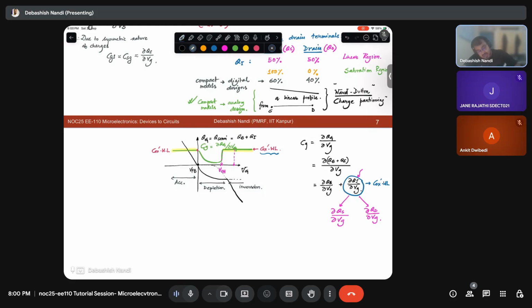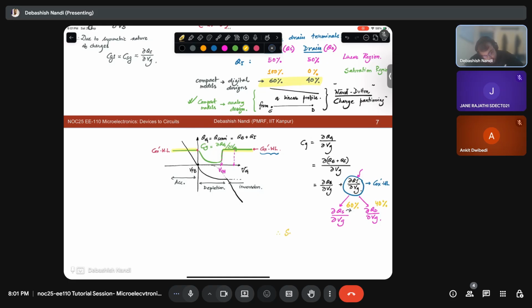Now, what is the charge contribution of QI? 60% and 40%.